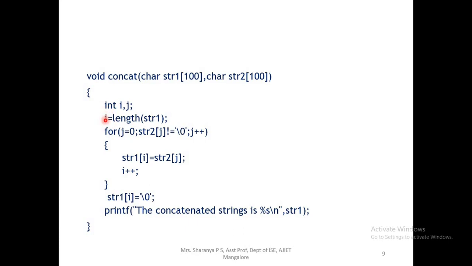Length is the total number of characters present, excluding the null. Suppose there are 4 characters present, then i will be pointing to the location where the null will be present, that is, the last character. Whichever length value it is, say for example 4 characters, then 4 is the value of i.